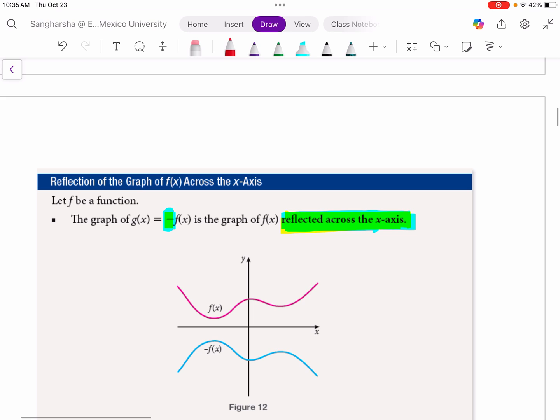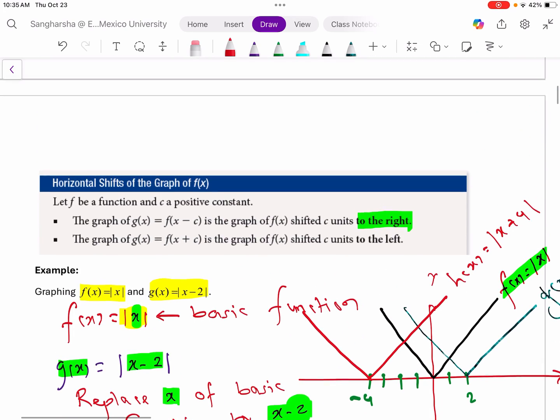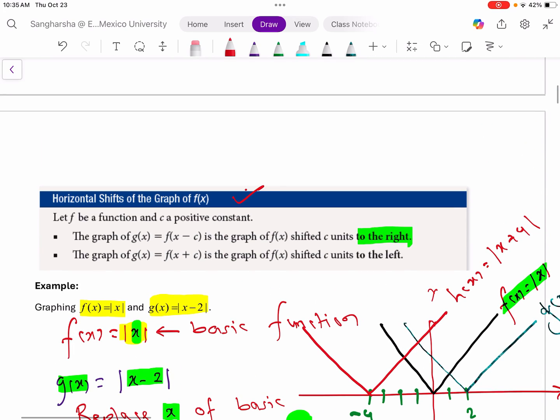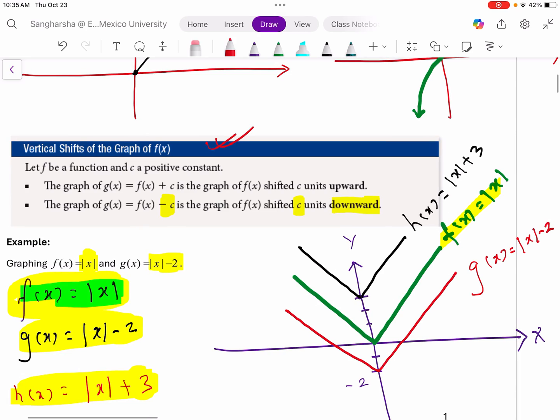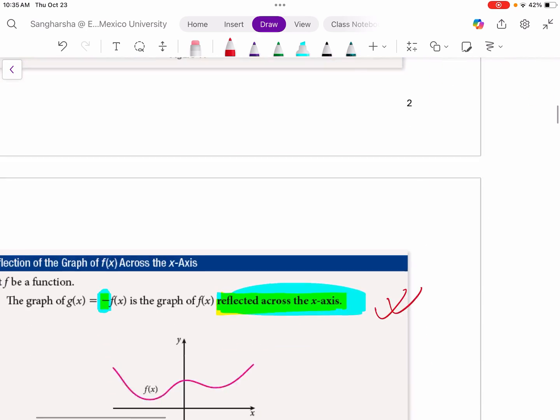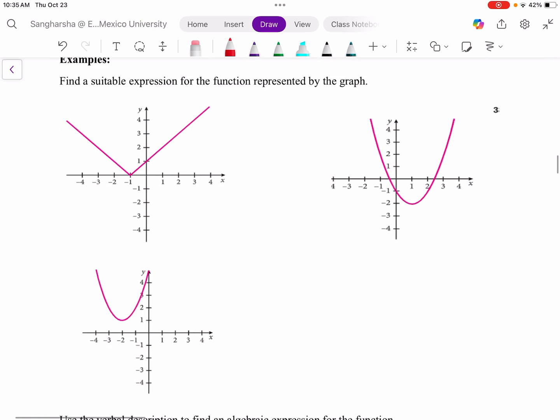I want you to know multiplying a function by negative means we are reflecting across the x-axis. You can ignore vertical scaling, and I want you to know horizontal shift and vertical shift. So, four transformations at least. You can skip horizontal scaling and vertical scaling.